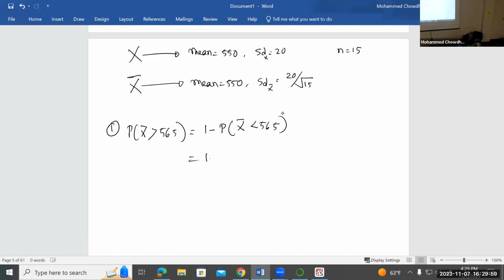So what you are going to do: 1 minus stats.norm.cdf of 565, 550, and for the standard deviation, as it is X bar, I have to write 20 over square root of 15 because of 15 students.